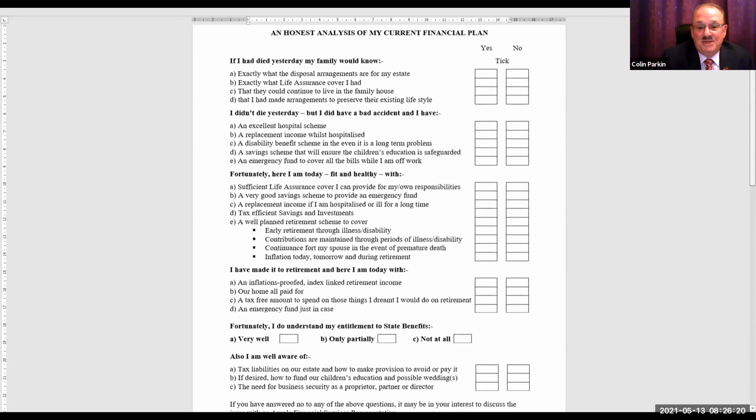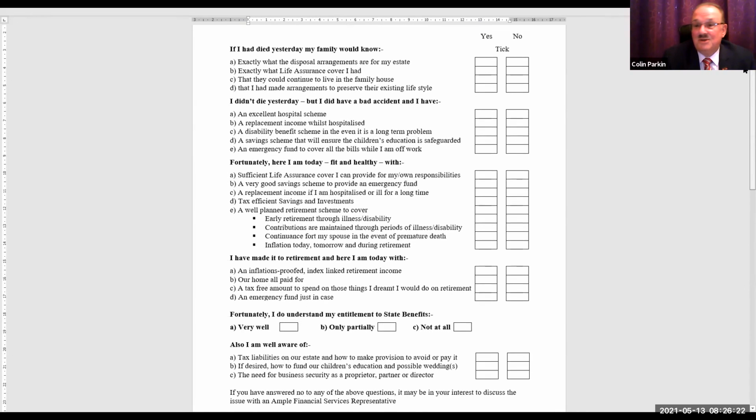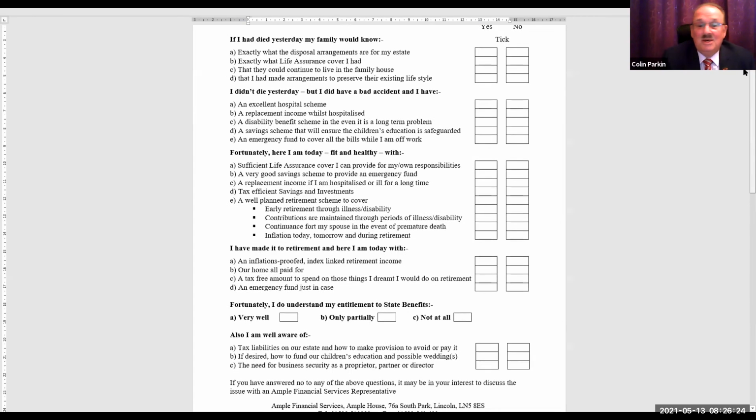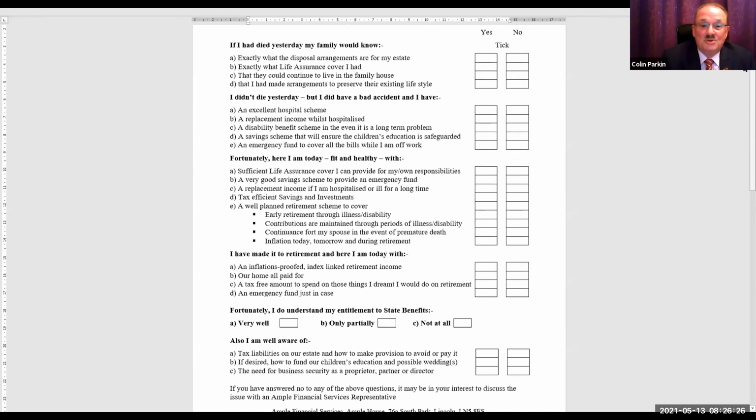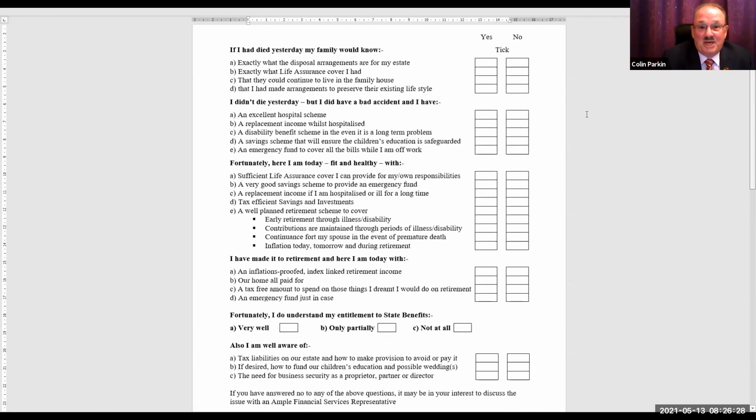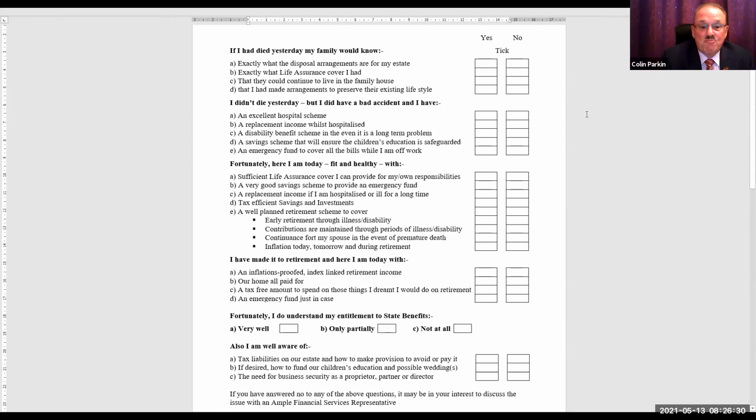You could do these on a seminar, you could do them on an email, however you wanted, and it's just getting them to answer yes or no. I think a lot of financial advisors could go through these questions and not be able to answer yes to all of them. So I challenge you to go through it yourself, look at what the questions are and see what kind of stuff you can put in place.